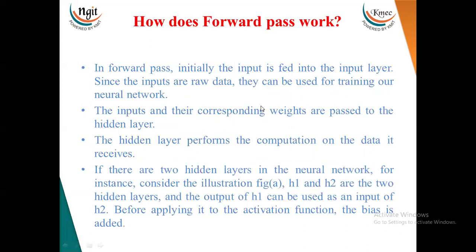In the forward pass, input is fed into the input layer. All the input or raw data can be used for training. The input and corresponding weights are passed to the hidden layer. The hidden layer performs a computation and calculates H1 and H2, the two hidden layers. The output of H1 is used as input of H2. The bias will be added.